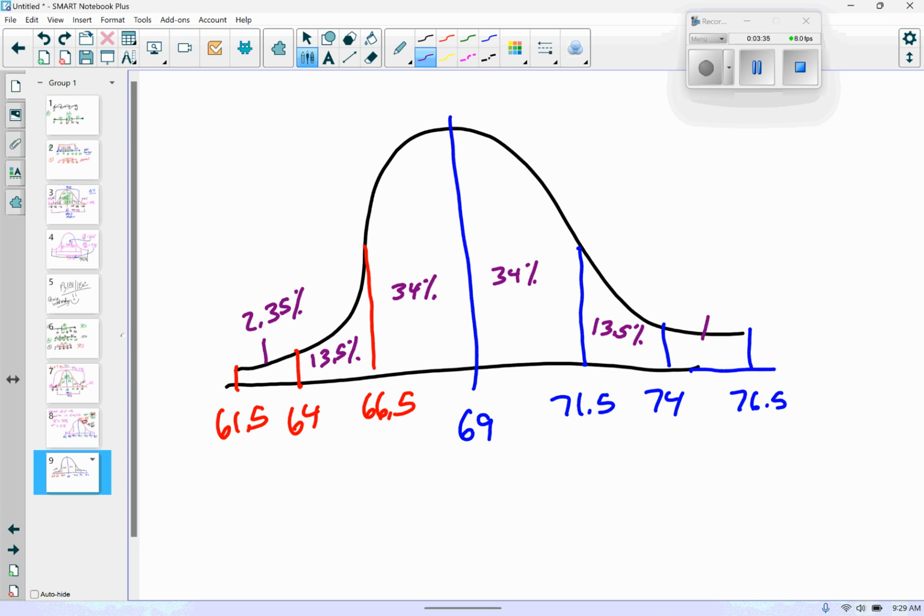And again, if you Googled this, sometimes you might find ones that are a little tiny bit off, and that's okay. For the most part, you're safe to stick with this information. So this is basically the normal curve based on our problem about the heights, okay? And this is where you're going to start counting stuff up.